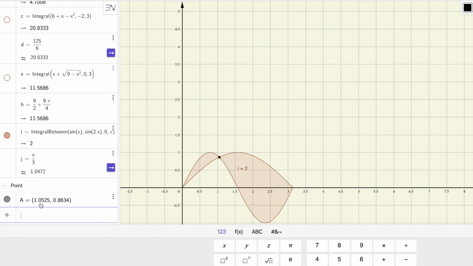Do you see any mistakes in my calculations? According to GeoGebra, if I want to find the intersection point between these two, this shouldn't be that one. Pi over 3 is approximately this number. So that's probably not the right point. It's really unfortunate.